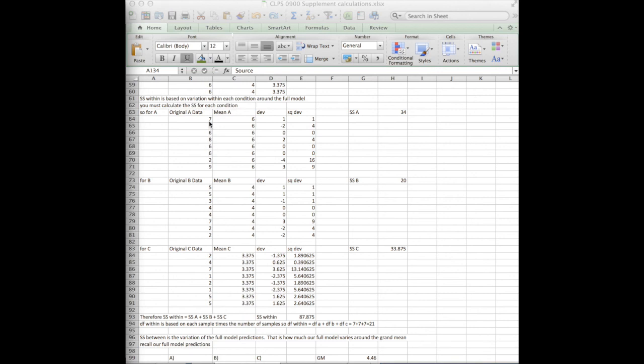So in condition A, we had 8 observations, so therefore we had 7 degrees of freedom. Again, for B, 8 observations minus 1 would be 7, and likewise for C. So that means in total you would have 21 degrees of freedom for degrees of freedom within.